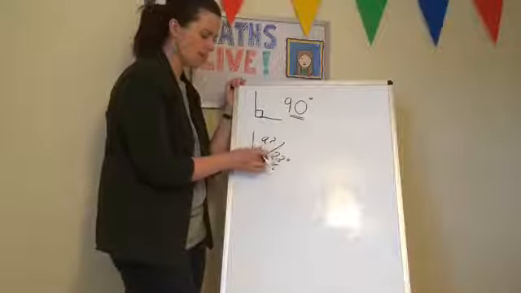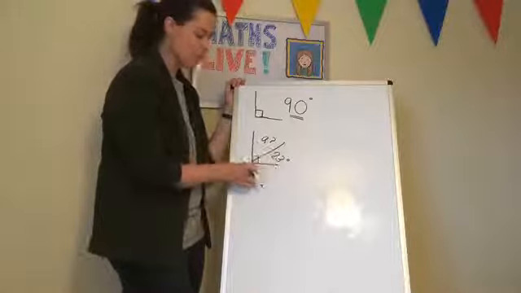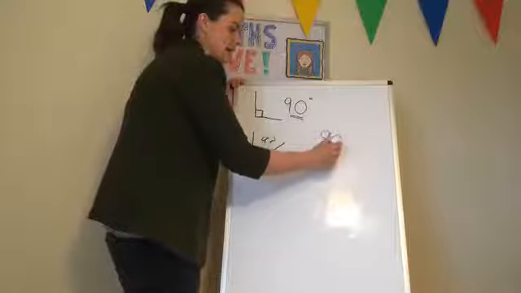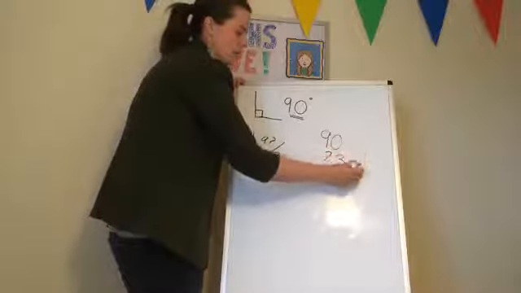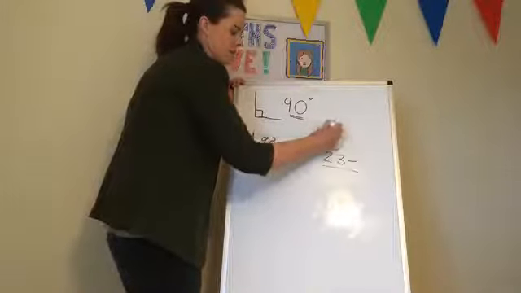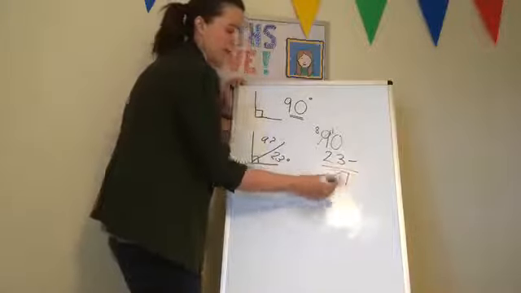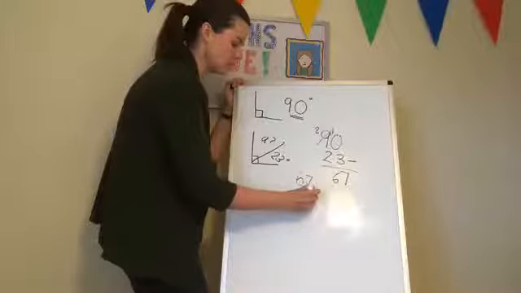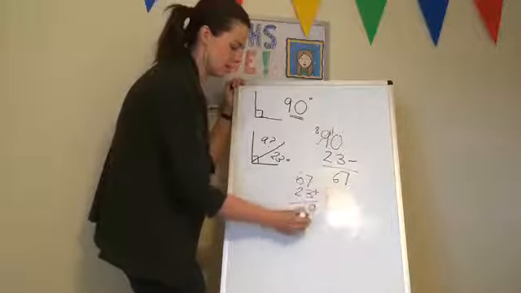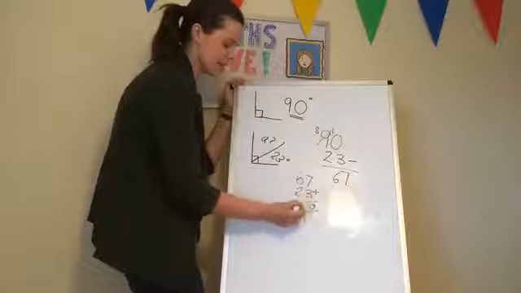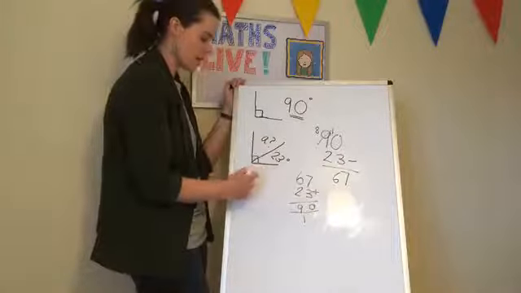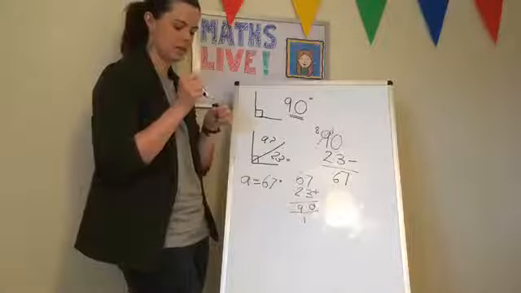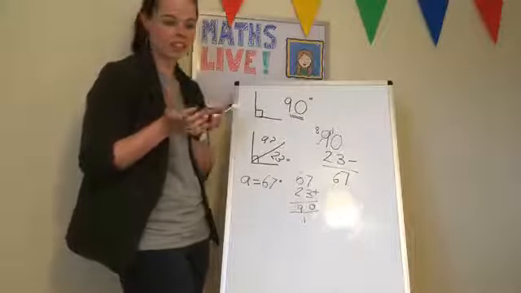So 23 and something makes 90. So what we need to do is 90 take away 23. 67. Let's check it. Hopefully 67 and 23 makes 90. 6, 7, 8, 9. So we know that angle A is 67 degrees. So what you've just done there is calculate the size of a missing angle.